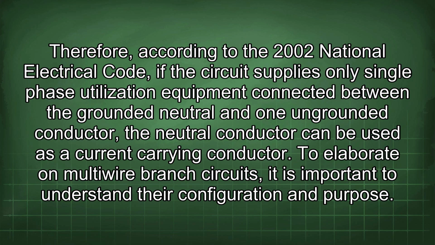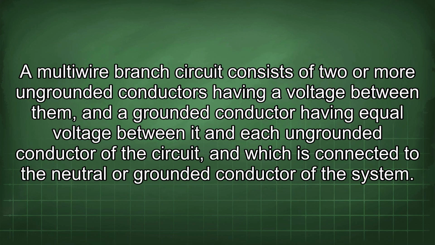To elaborate on multi-wire branch circuits, it is important to understand their configuration and purpose. A multi-wire branch circuit consists of 2 or more ungrounded conductors having a voltage between them, and a grounded conductor having equal voltage between it and each ungrounded conductor of the circuit, and which is connected to the neutral or grounded conductor of the system.